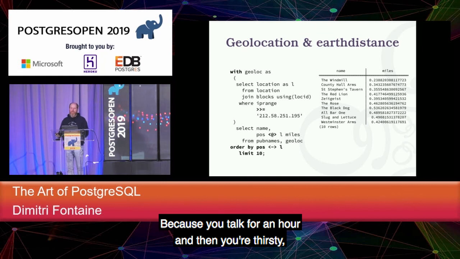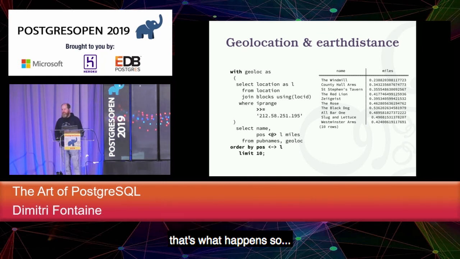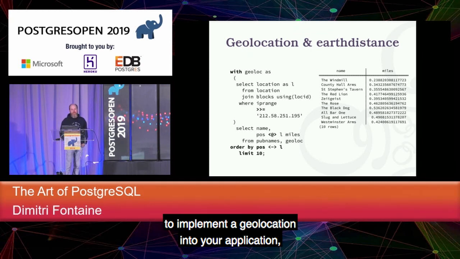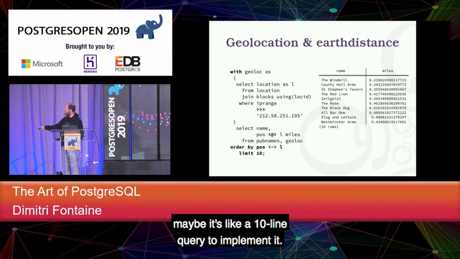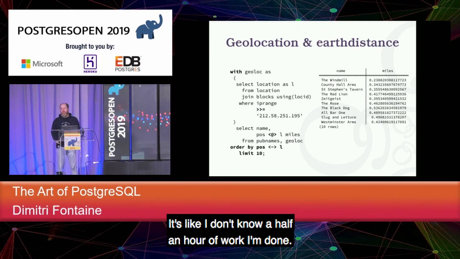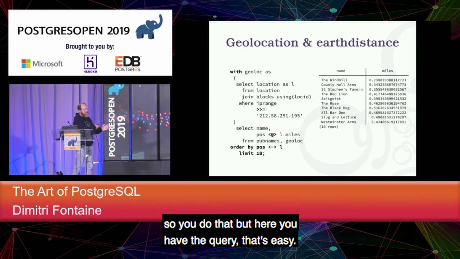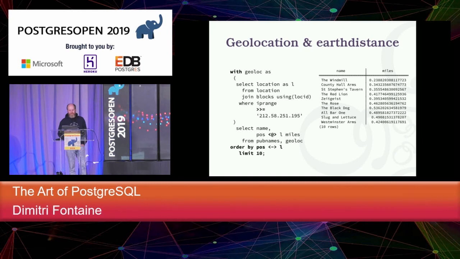Because you talk for an hour and then you're thirsty, that's what happens. It's a very simple query. If you want to implement geolocation into your application, maybe it's a 10-line query, half an hour of work and done. I don't do the visuals and the mapping, so you do that, but you have the query. That's easy.